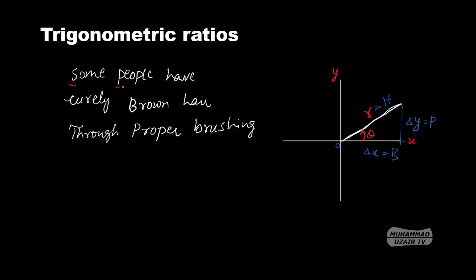Sine is perpendicular divided by hypotenuse. Cos is equal to base divided by hypotenuse. Tangent is equal to perpendicular divided by base.